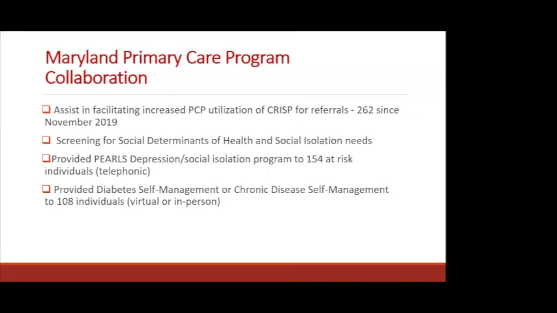Maryland Primary Care is helping us to facilitate increased PCP utilization and CRISP referrals. We've had 262 since last November. We are now screening for social determinants of health and social isolation, which we know during COVID-19 was higher than ever before.